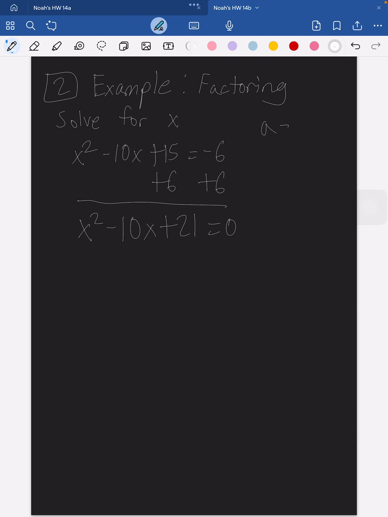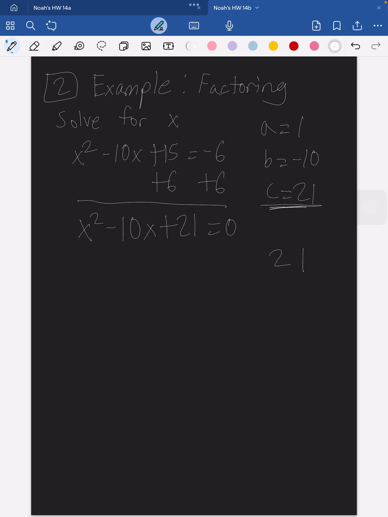So listing out all the constants, we have a is equal to 1, b is equal to negative 10, and c is equal to 21. Now we want to look at c specifically here, and we want to make sure that we list out all the factors of 21, and with those factors we're going to be able to add them together to get our b.